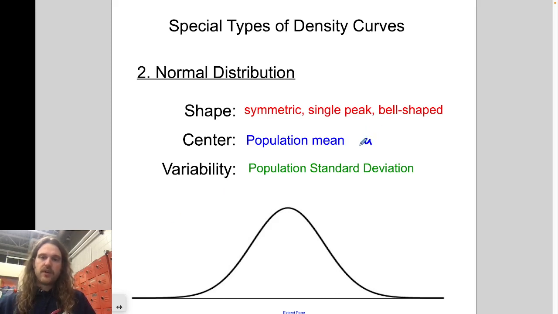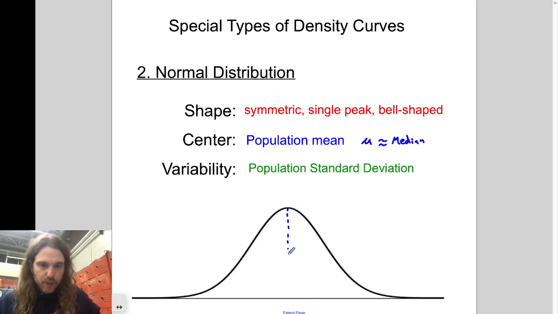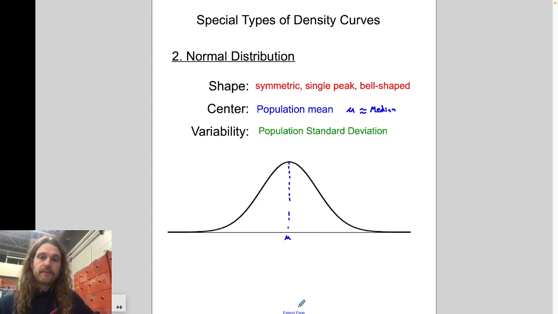This is the Greek letter mu. Some people it looks like an M; it's like a U with a tail on the front. But since this is symmetric, it's also approximately centered on the median, which is kind of exciting. So you can see right down here, this is going to be our population mean, mu, right there. This is our average.